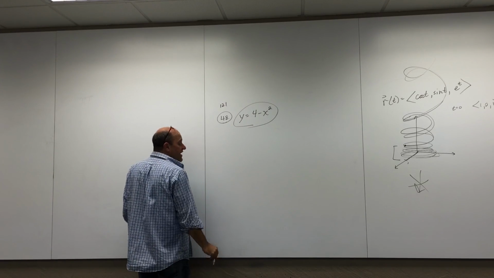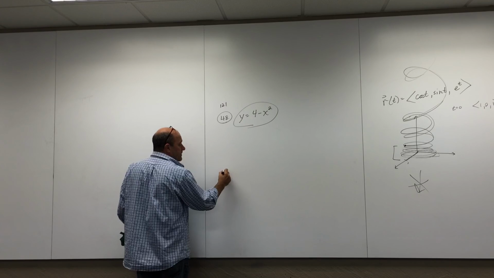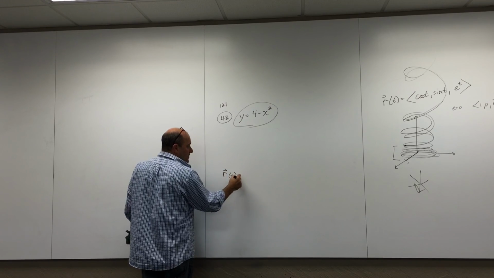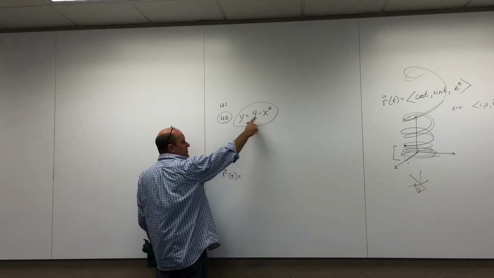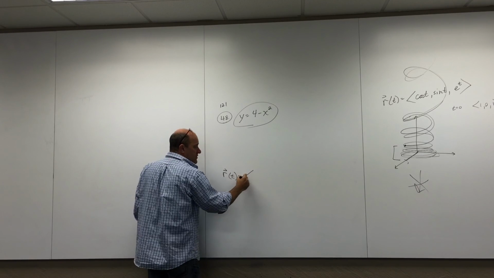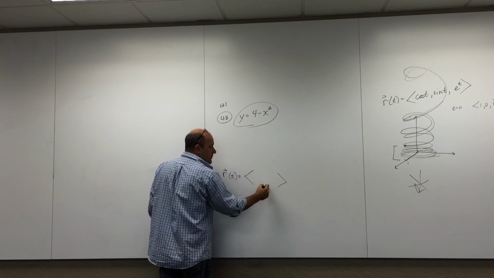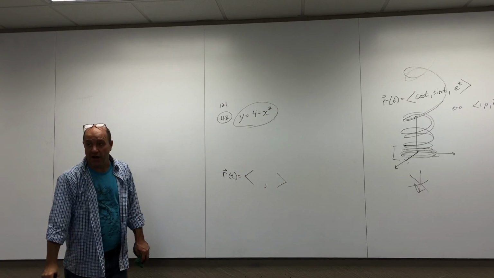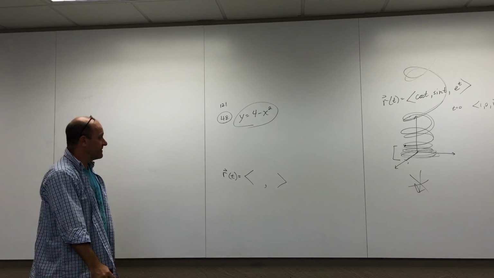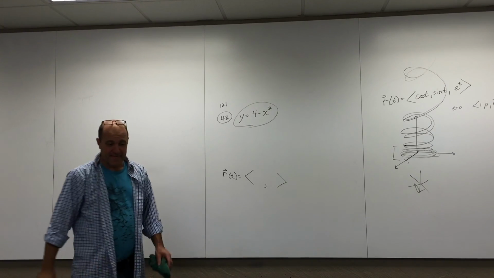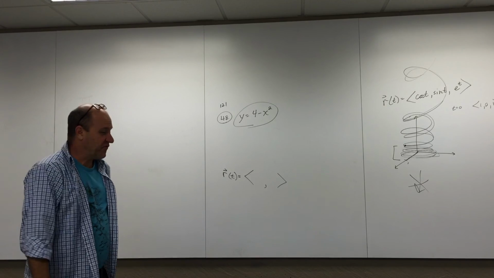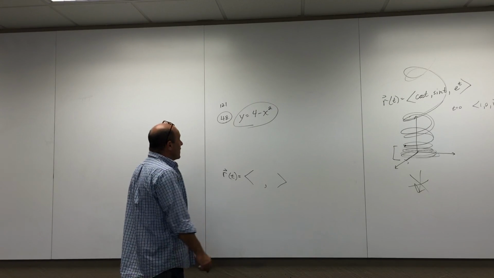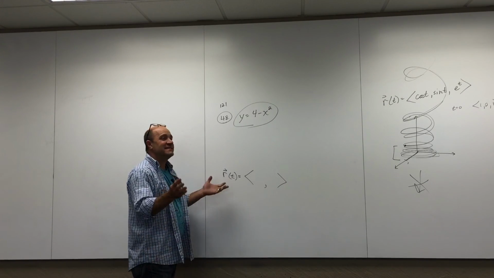Well, first of all, maybe I'd realize that this is a two-dimensional curve, so I just need a two-dimensional vector valued function. But a lot of students freeze up right here. They have no clue what to do, and it's so easy.